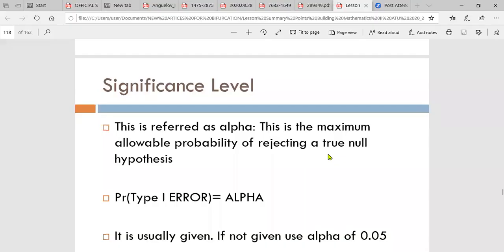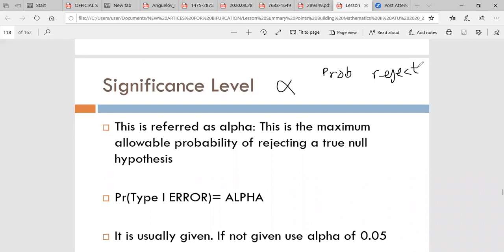The next step is on how to select your significance level. We have different significance levels. We usually refer to the significance level as the alpha level, or as alpha. And what does it mean? First, we have to know that alpha is a probability, and it has to do with rejecting a true null hypothesis.